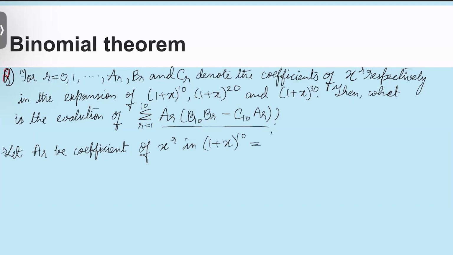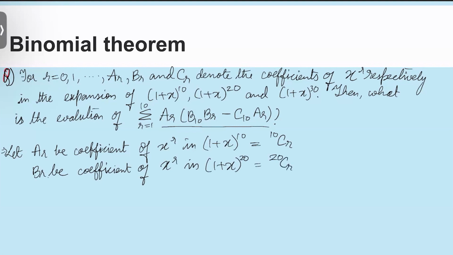That would actually be 10Cr. Then B_r be the coefficient of x^r in (1+x)^20, so you have 20Cr, and C_r be the coefficient of x^r in (1+x)^30, which is 30Cr.